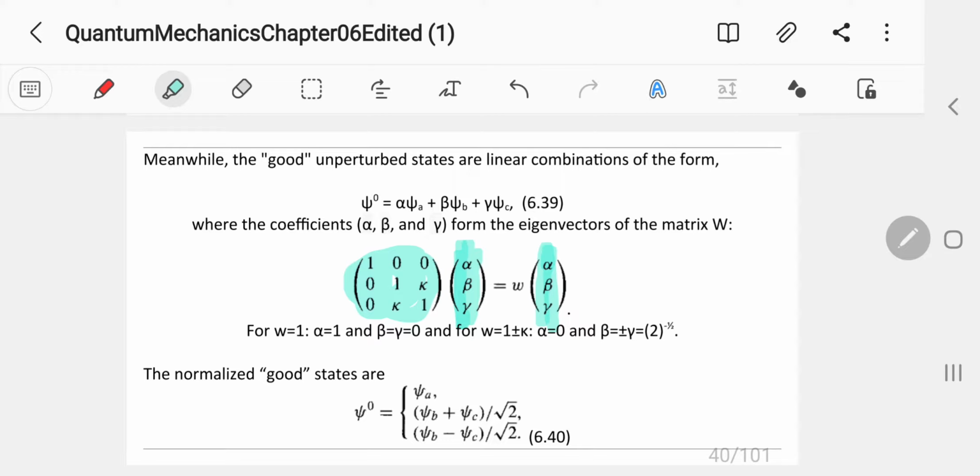And then for each eigenvalue, for W equals 1, you have alpha equals 1 and beta and gamma equals 0.